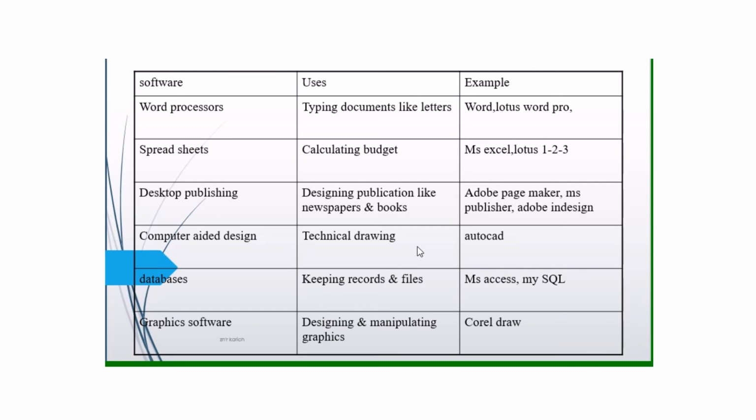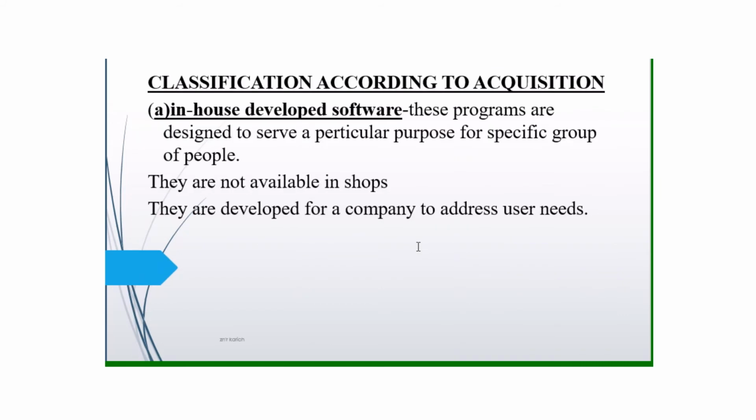We also have other programs for statistical analysis like SPSS and SAS, and many other software. Remember, the world of software is very enormous, and we may not be able to get through to each and every one of them. Classification of the software according to acquisition.